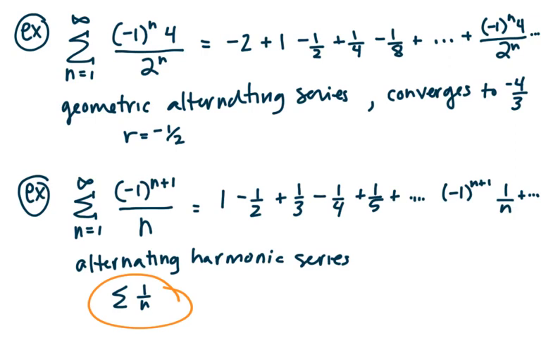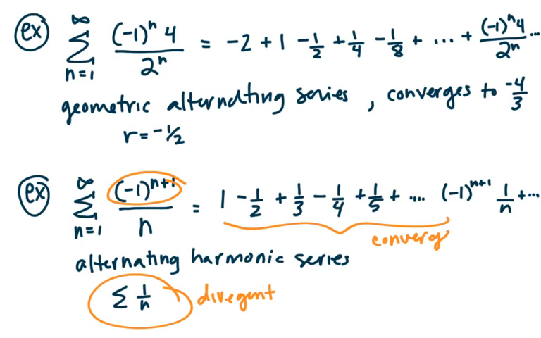But the alternating harmonic series converges. So the regular is divergent, but this guy, the alternating with that -1, this series converges, and it converges to the natural log of 2. All right, and like I said, we will examine that shortly. But the regular harmonic series, which we talked about a few videos back, is a divergent series.